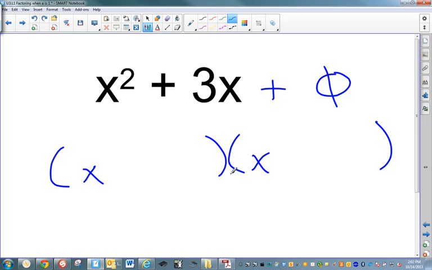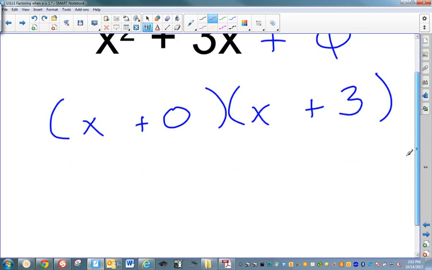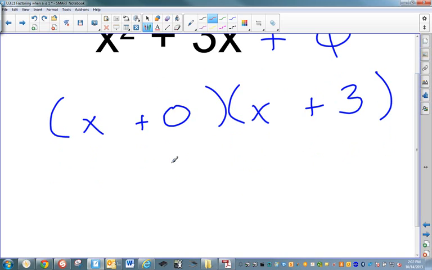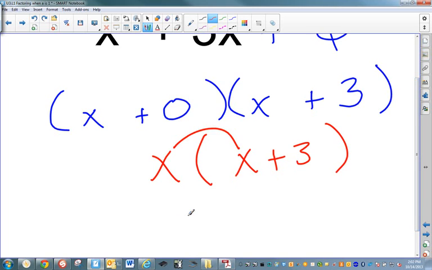Well, that would be 0 and 3. Now, look at this right here. Do we need the plus 0? No, of course not. So we just write this as x times x plus 3. X times x is x squared. X times 3 is plus 3x. So that is factored correctly.